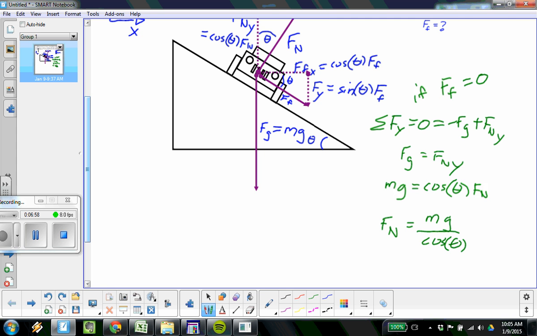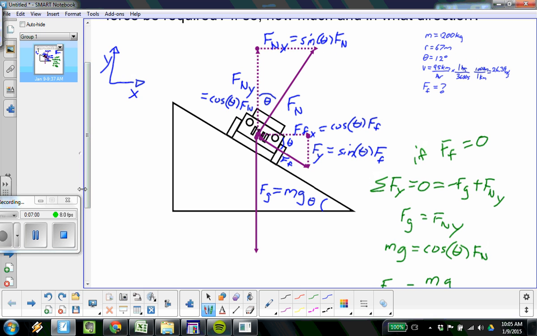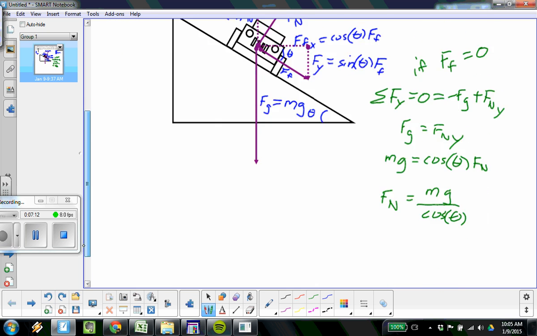And then I'm going to look at the amount of normal force that is acting in the direction towards the center of the circle. So that's going to be the sine of theta times normal force.